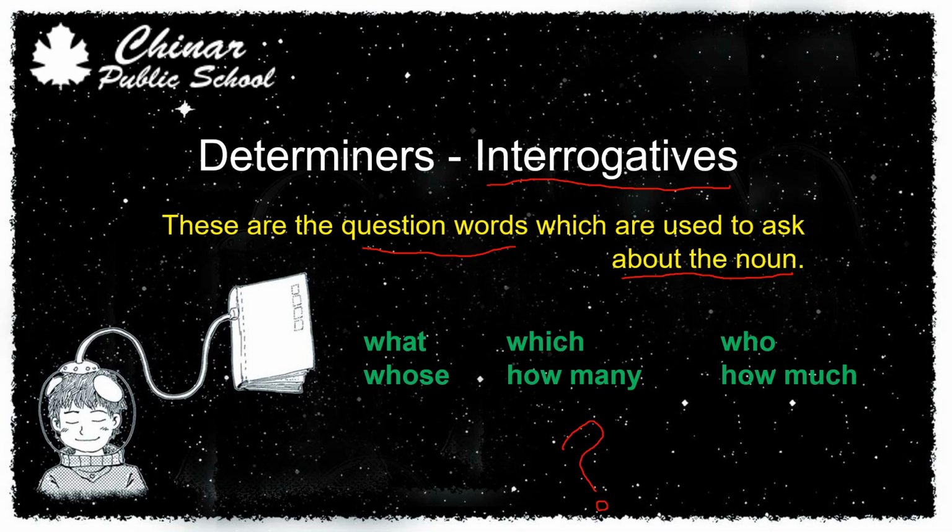Example, what, which, whose, who, how many, how much, or any such words. Example, whose bag is lying on the desk? Which magazine are you reading? How many bottles of milk do you buy? How much money do you have in your pocket? Or any such things.